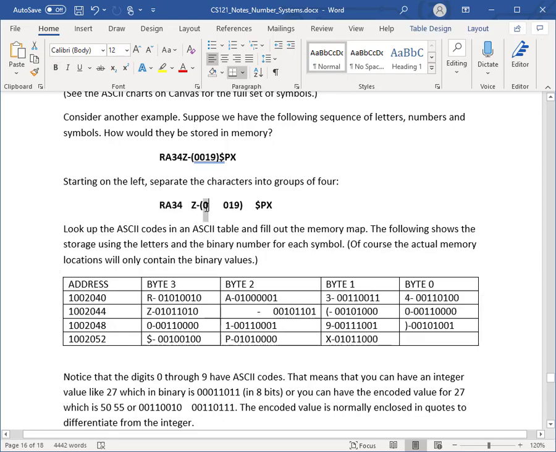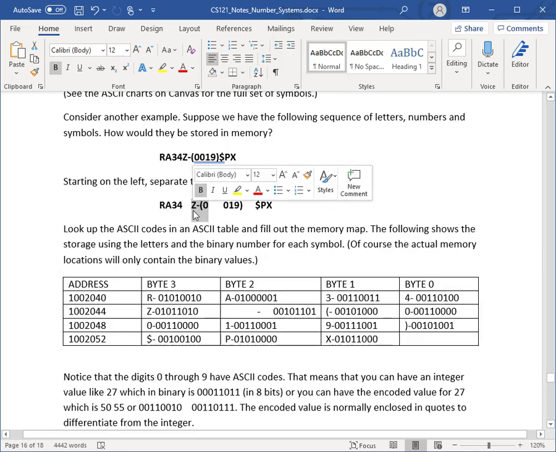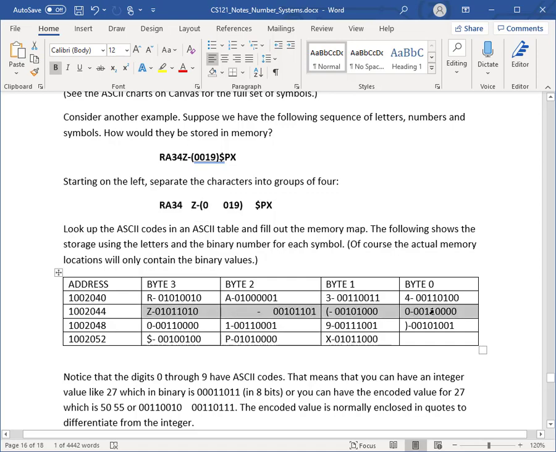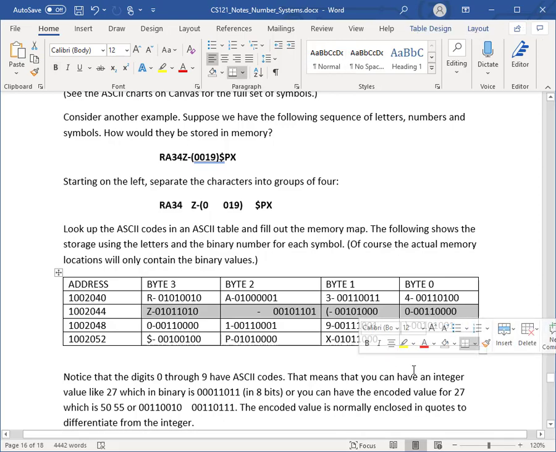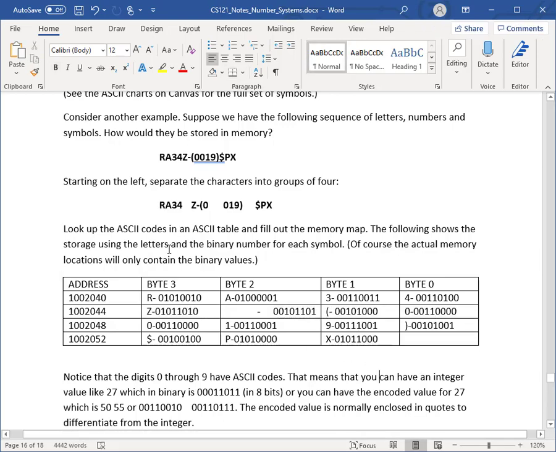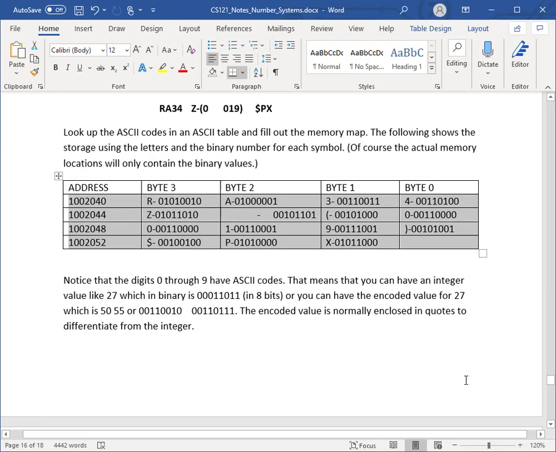Then the Z minus parenthesis 0 would continue into the next set of 4-byte locations in memory, or the second word, and on and on. So if you have a string of ASCII information, it's going to require several words of storage, maybe lots of words, to store everything. So they're not bound by the 32 bits that we've looked at in floating point numbers and in integer values.